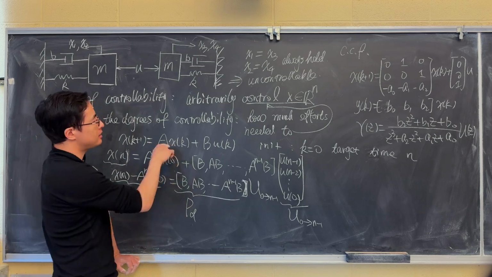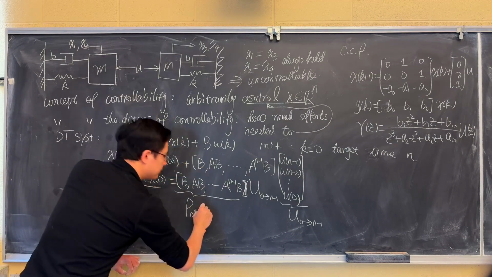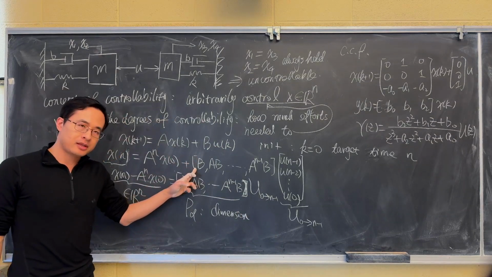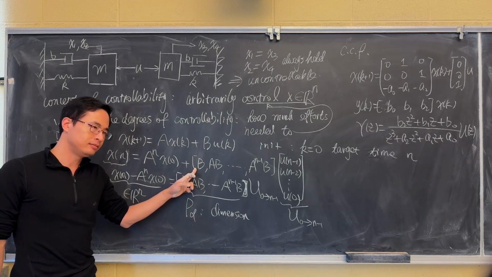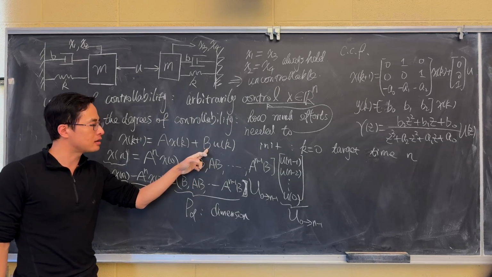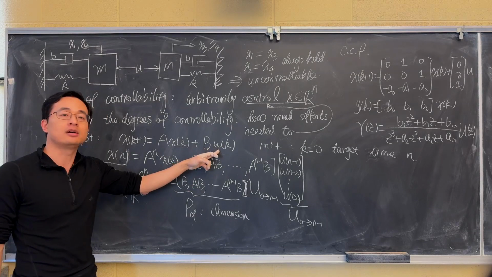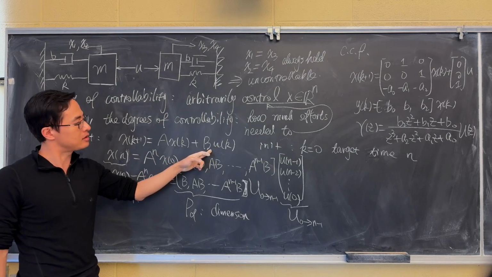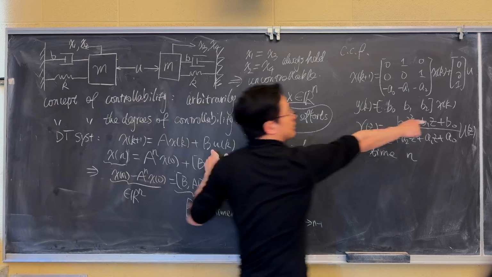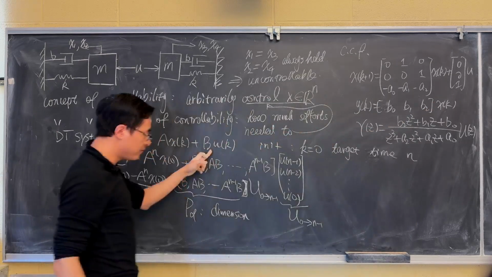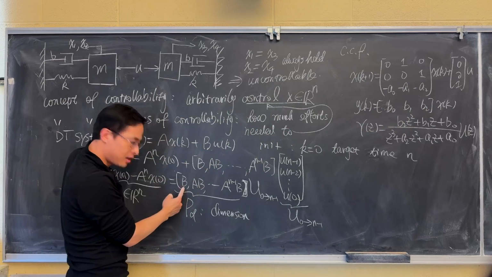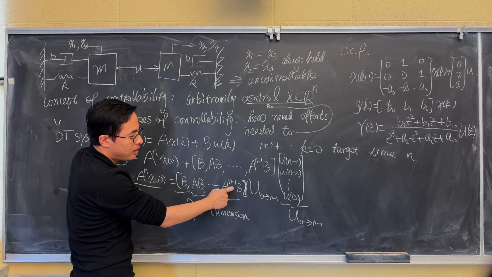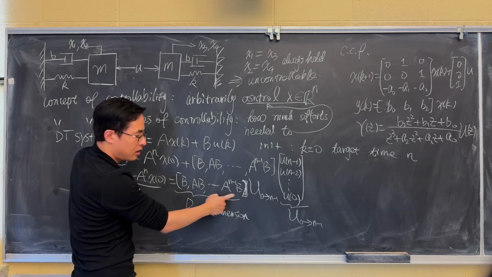If B is a column vector, in other words, u is a scalar, it's a single input system. Then you have one column B, A times B is another column, and A to the power of n minus 1 times B is also a column vector.